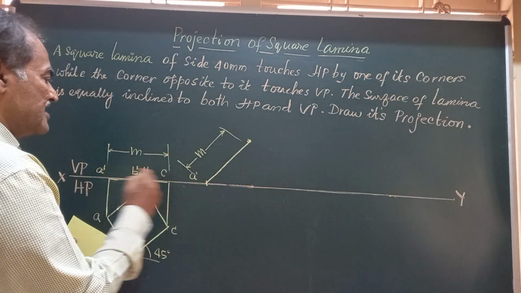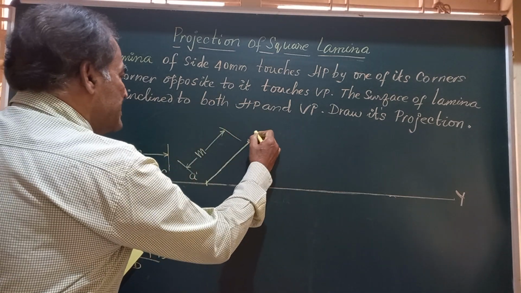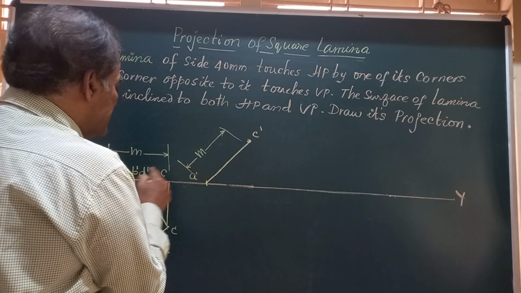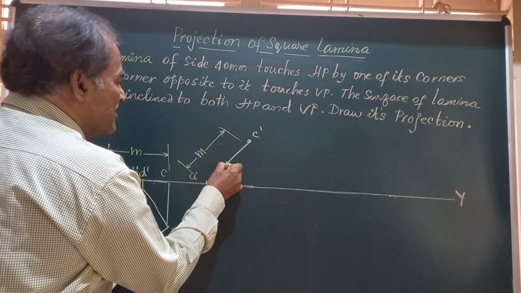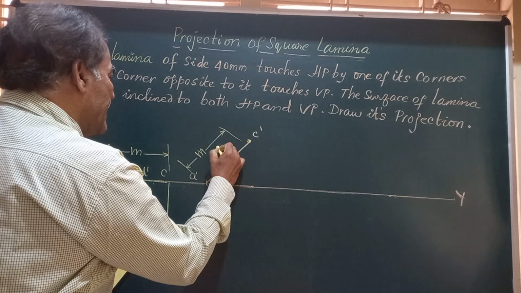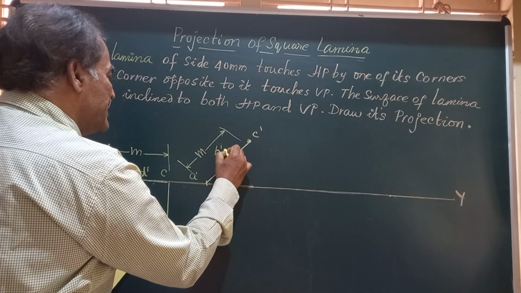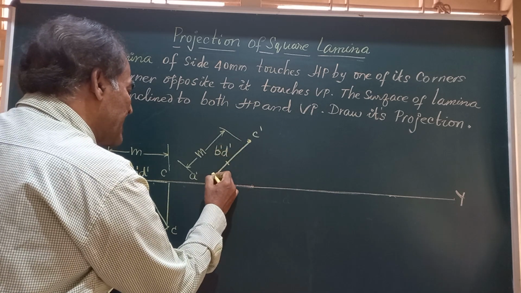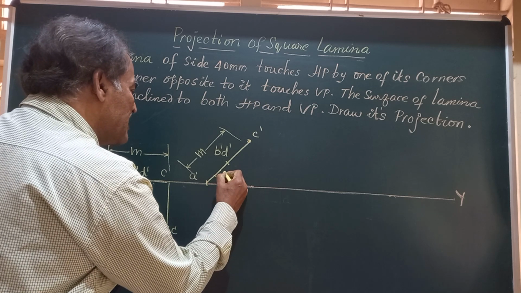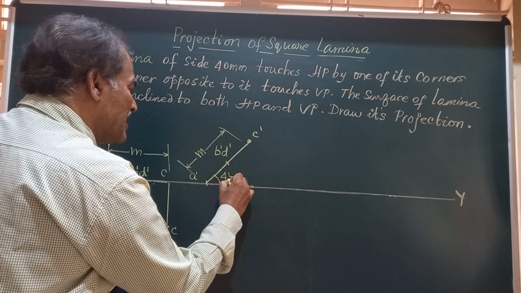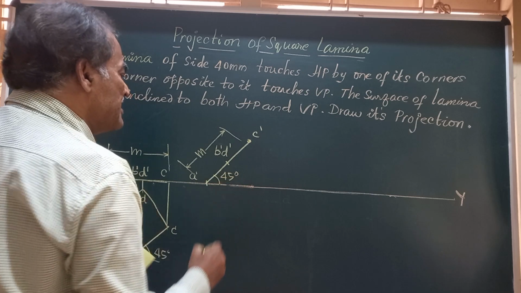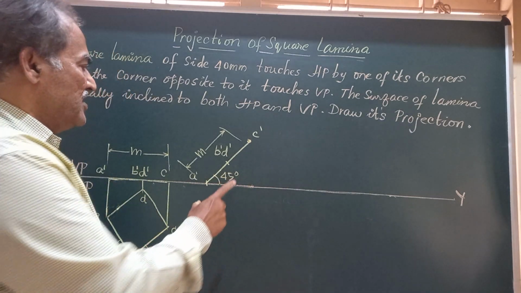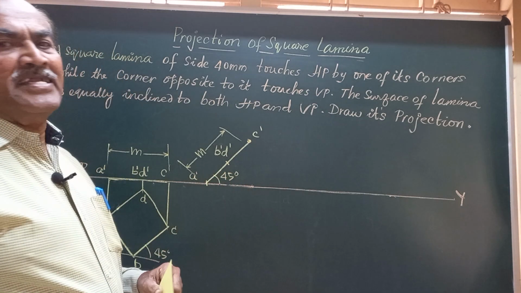So the first point here is A dash, the last point is C dash, and exactly in between you have this point B dash and D dash. And this angle I have shown here is the angle made by the surface of the lamina. Since it is equally inclined to both HP and VP, this is going to be 45 degrees.